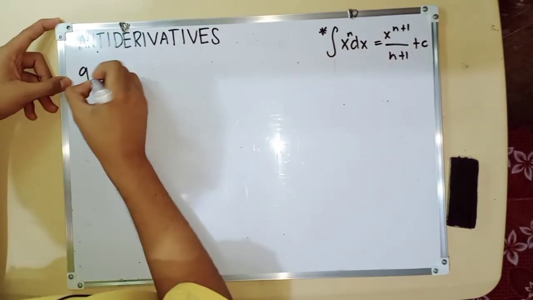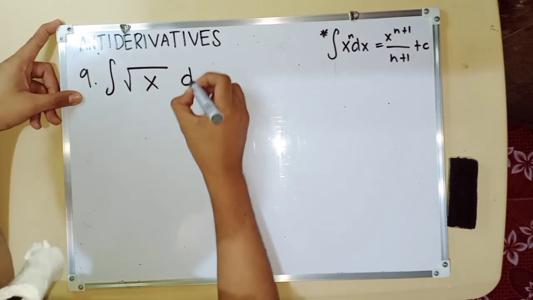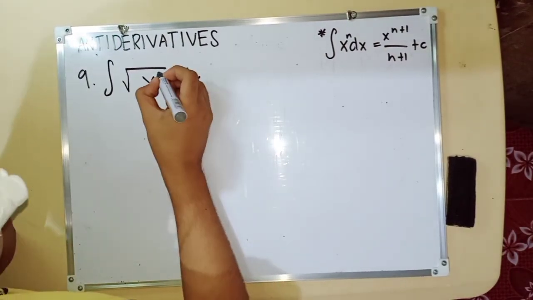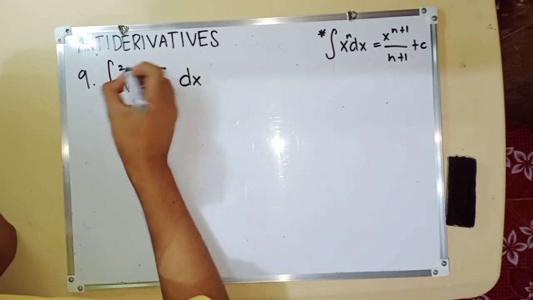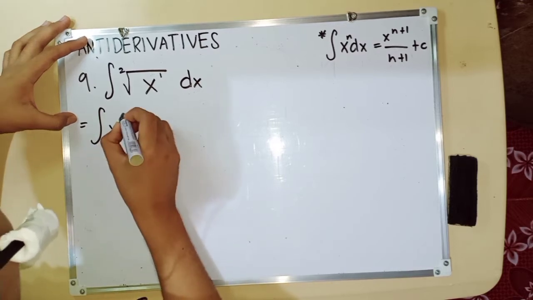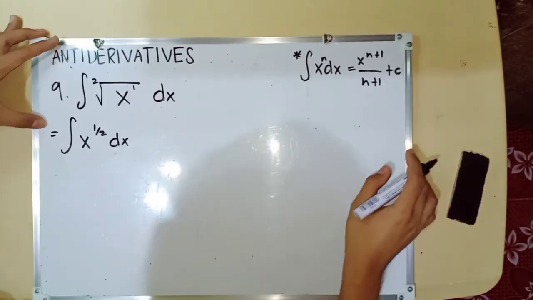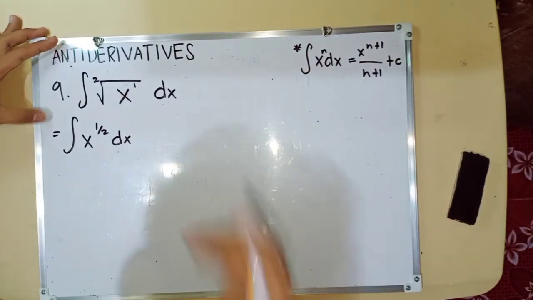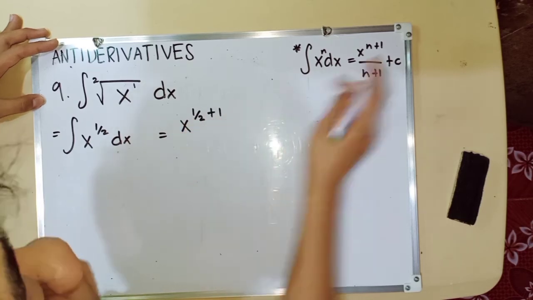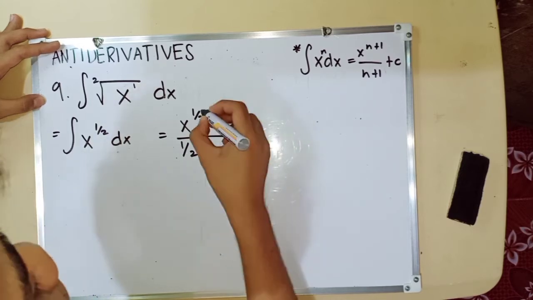Number 9. Let us take the antiderivative of square root of x. So, ang square root of x ay equal rin sa x raised to the power of 1 half. So, sulat natin yan. x raised to the power of 1 half. Then, i-apply lang natin ang power rule for antiderivatives. So, x raised to the power of 1 half plus 1, then over, buksan lang natin yung exponent, 1 half plus 1.